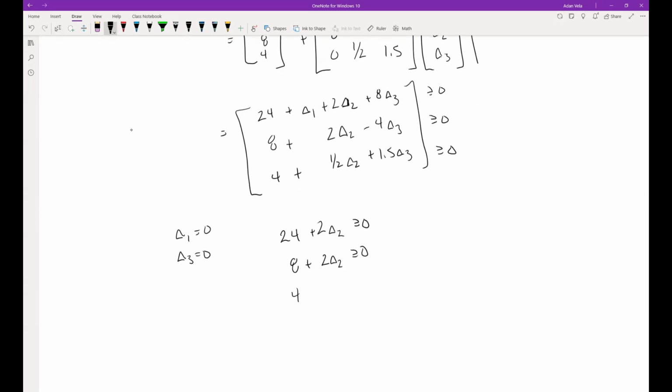And finally, 4 plus 1/2 delta 2 is greater than or equal to 0. So we want to figure out what range of delta 2 satisfy these equations simultaneously. Okay. So if we solve for delta 2 in each case, in this first case, we get delta 2 is less than 12. In the second case, we get delta 2 is greater than -4.